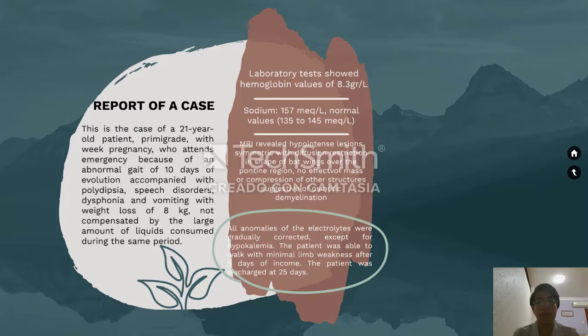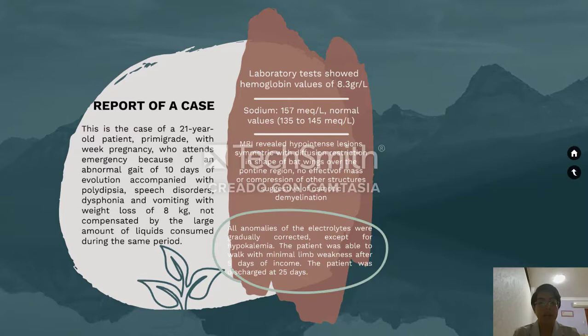MRI revealed a hypointense symmetric lesion with diffusion restriction in the shape of bat wings over the pontine region, with no mass effect or compression of other structures, suggestive of osmotic demyelination.